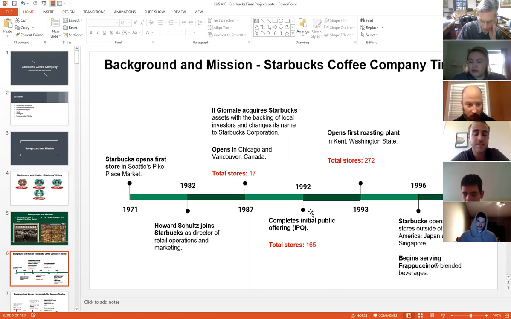So the timeline for the company, it all started in 1971, as I said. It was a big year for the company, and then 1987. That's when Howard Schultz, you guys are going to hear us talk about him a lot, he was the CEO for the company. During one of his trips to Italy, he had the idea to bring the coffee experience that the Europeans had to America.